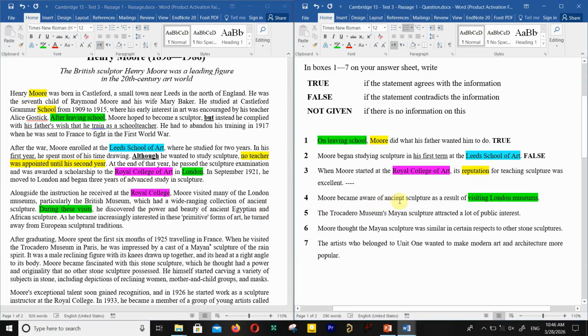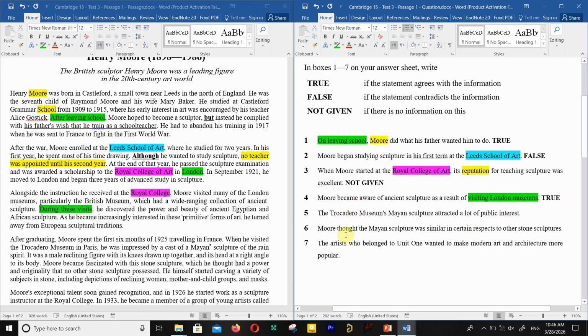So Moore became aware of ancient sculpture as a result of visiting. Yes, it's absolutely true. Number 4 is true. Because there is nothing about its reputation, the answer in here is not given.